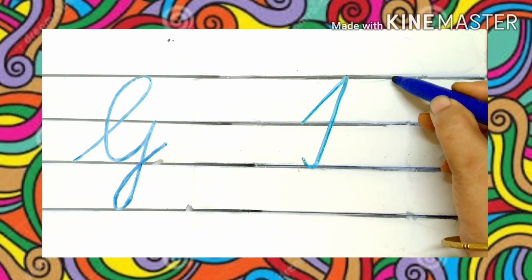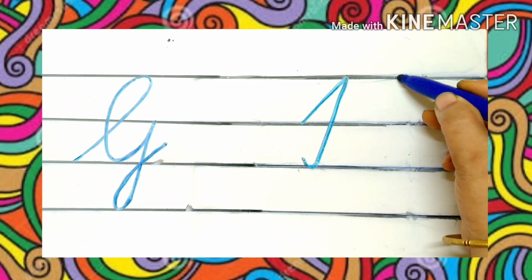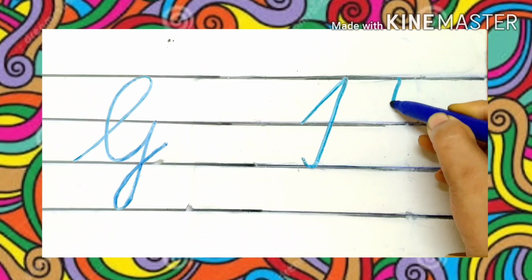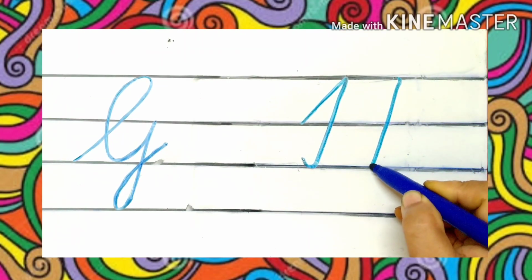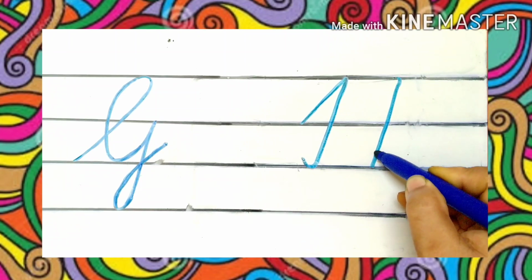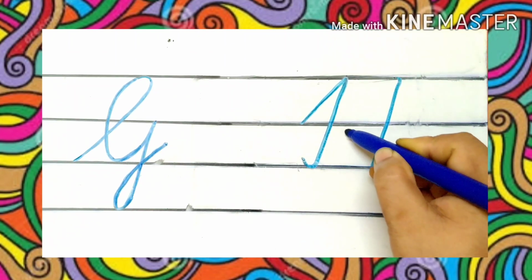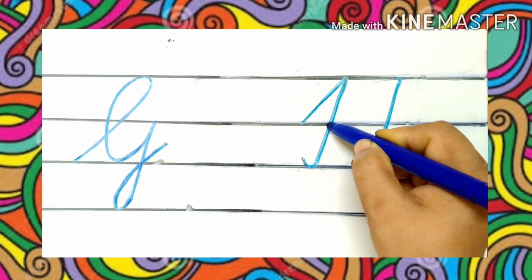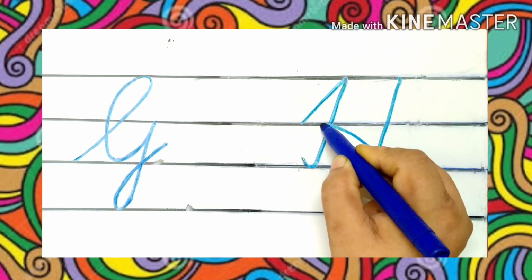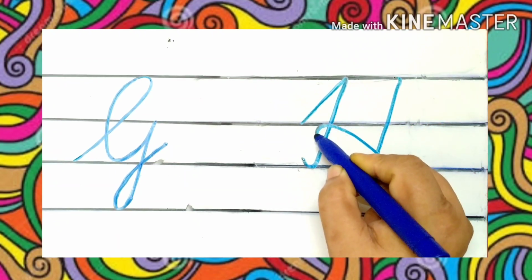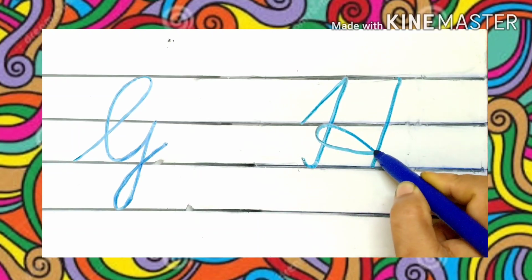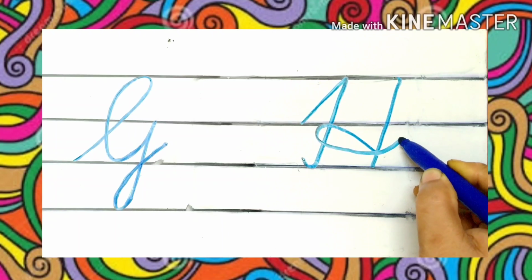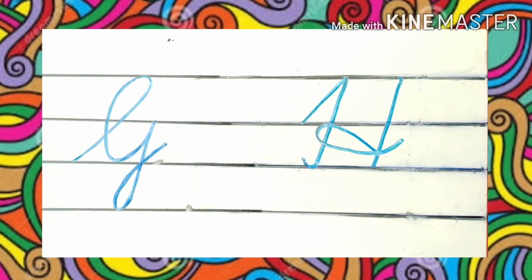Now put your pencil on the top line again and make a slant line like this. Drag it up and make a slant line. Touch it to the second line and make a curve. Touch it here and make a tail. This is H.